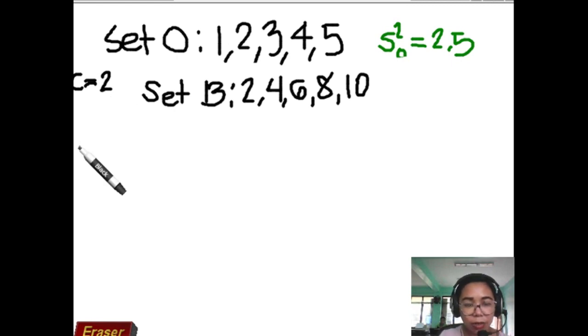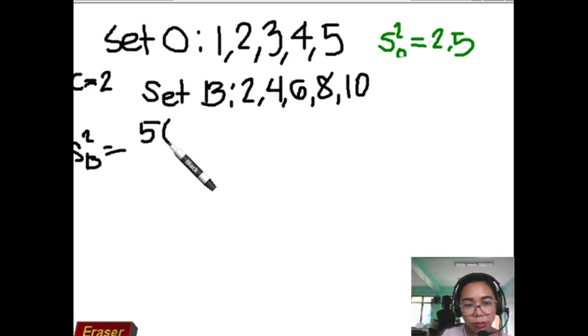Okay, so applying the formula, S squared sub B will be equal to 5, because we have 5 observations.